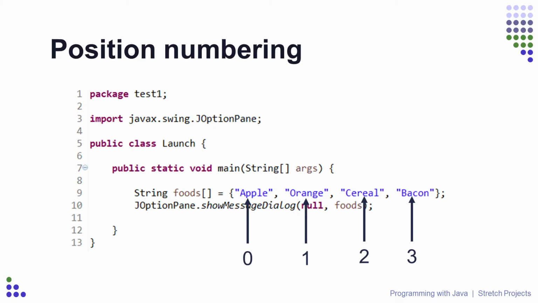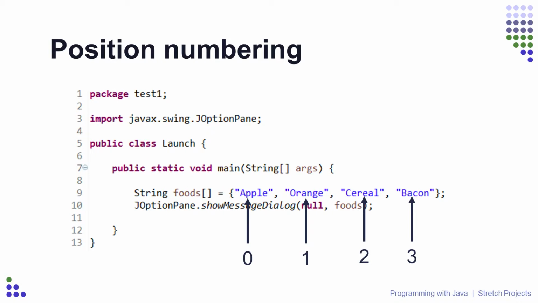This means that apple is at position 0, orange is at position 1, cereal at position 2 and bacon at position 3. This is just because computers are designed to be as efficient as possible, and the number system that computers use starts with 0 instead of 1, so it wouldn't be efficient to start at 1 for a computer.